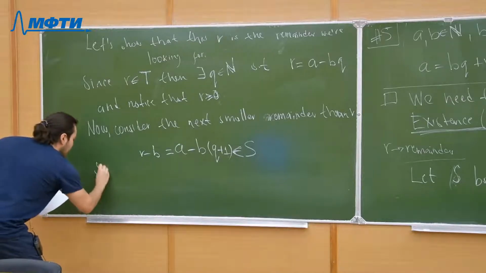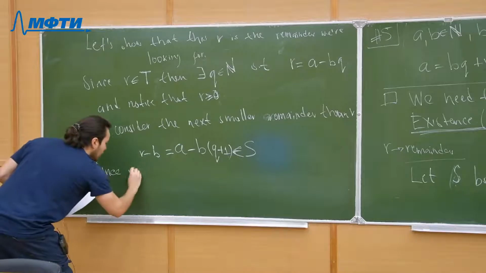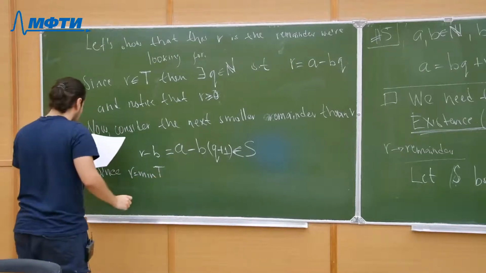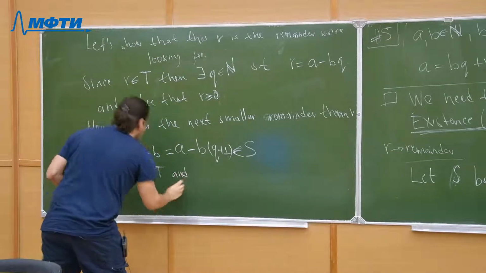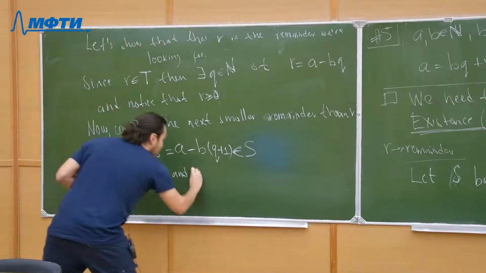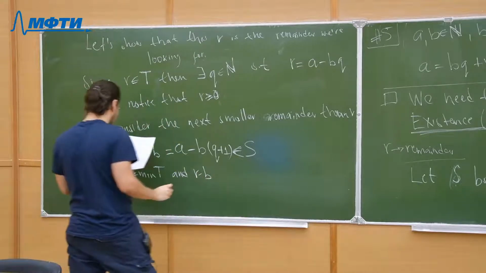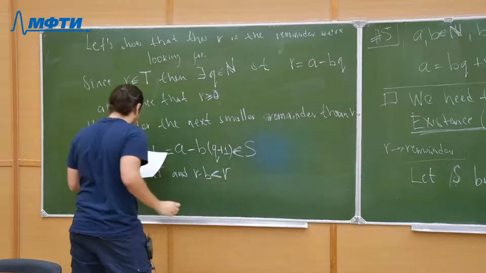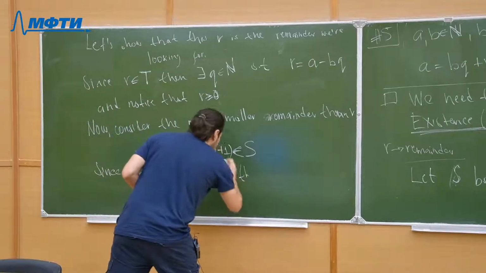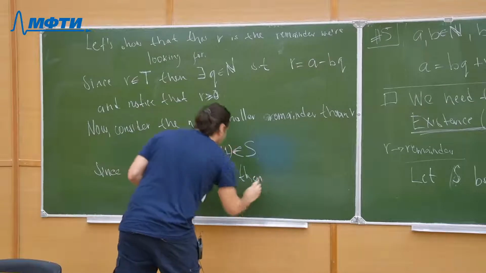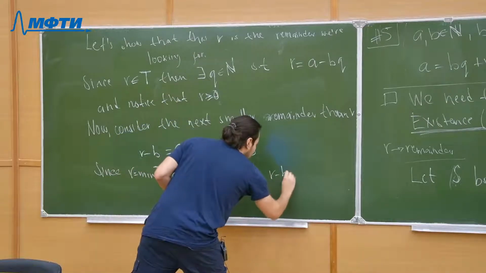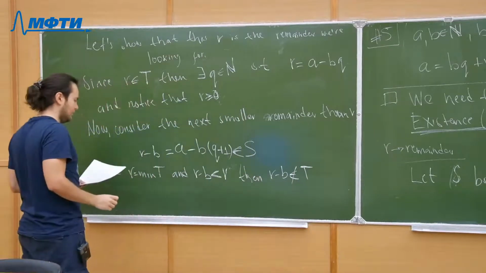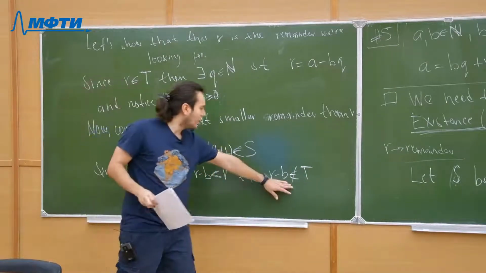And since R is the minimum element of T, and R minus B is, of course, less than R, then R minus B doesn't belong to T. What does it mean that R minus B doesn't belong to T?